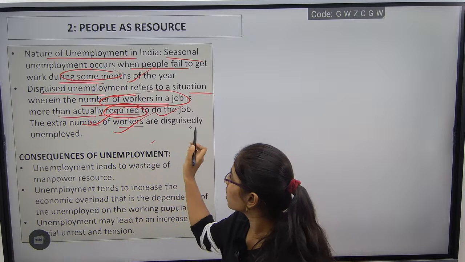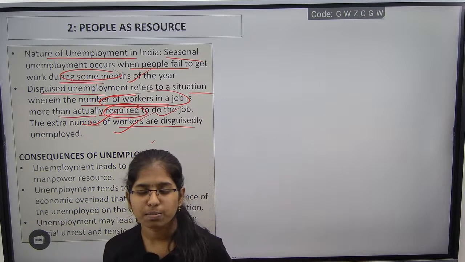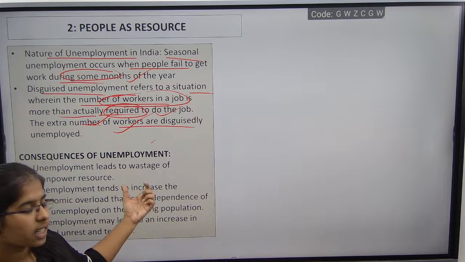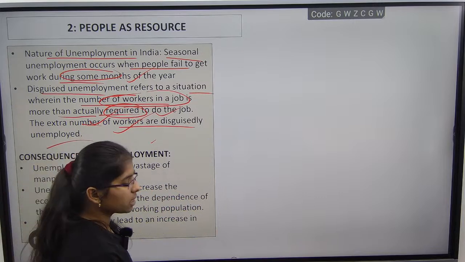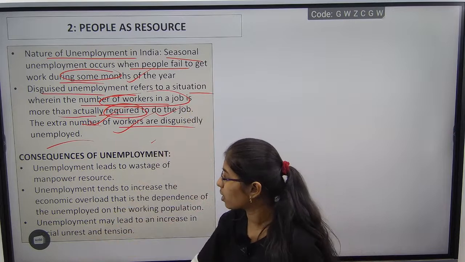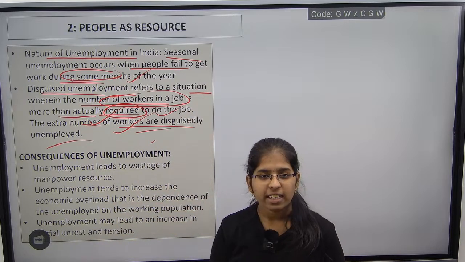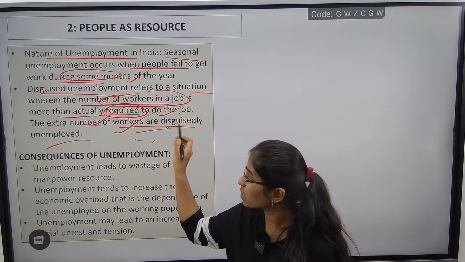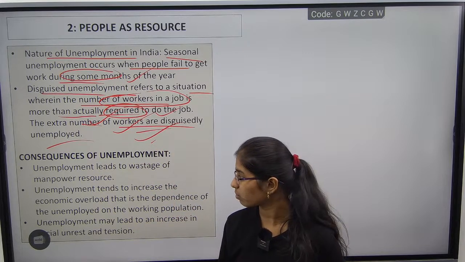The extra workers present in the work are considered disguised unemployment. These are the two types of unemployment, seasonal and disguised. If you observe in our country, agriculture has a large amount of disguised unemployment.